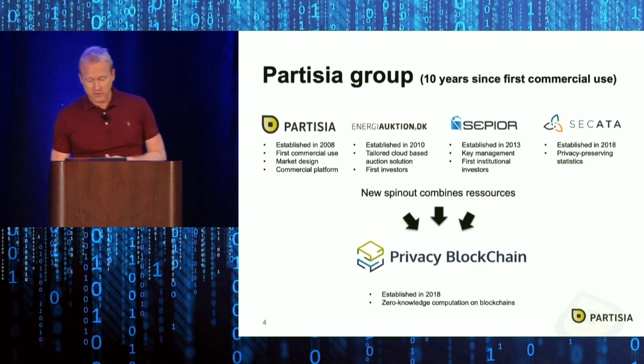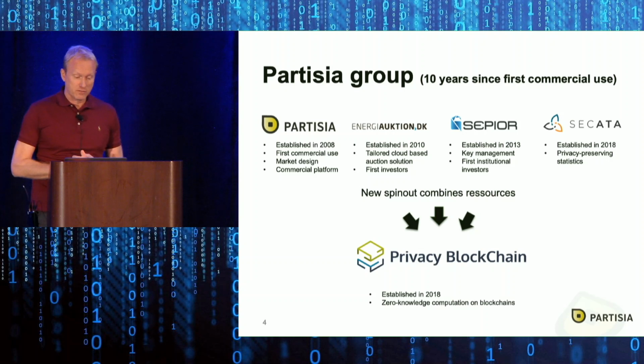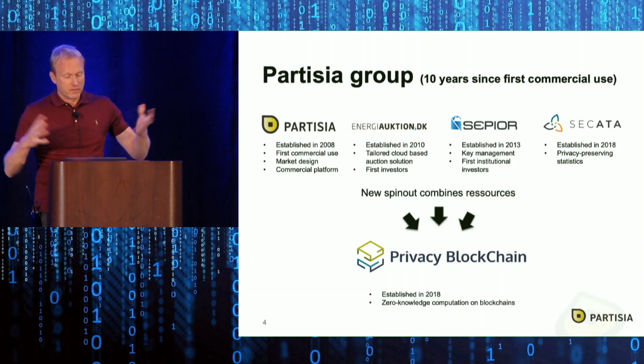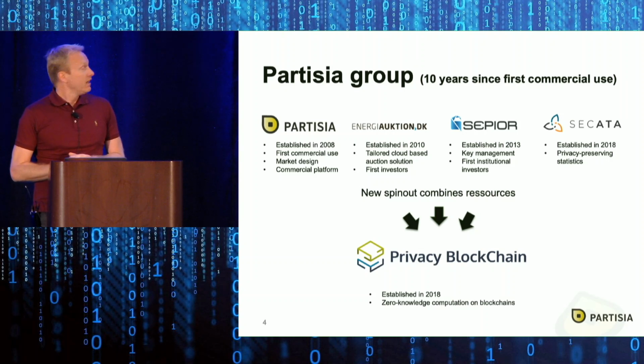What we are doing now is to combine some of these resources that we have been working on into something they call a privacy blockchain, and I will talk a little more about that in a minute.